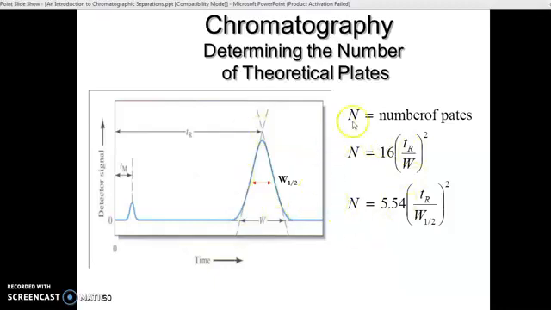Now in this way, how do you find out the theoretical plates? The theoretical plate means the number of theoretical plates present in the stationary phase. The stationary phase has a defined number of theoretical plates. Now if you look at liquid chromatography, HPLC means high performance liquid chromatography.